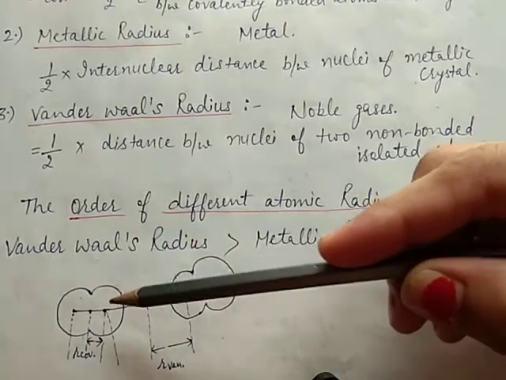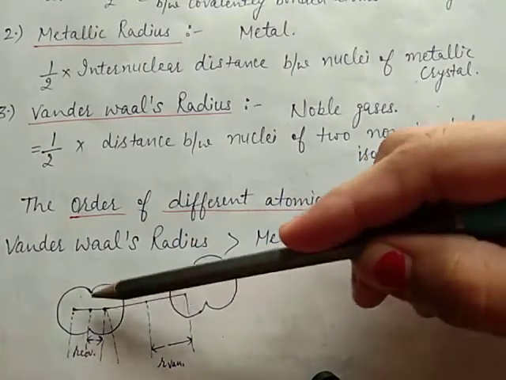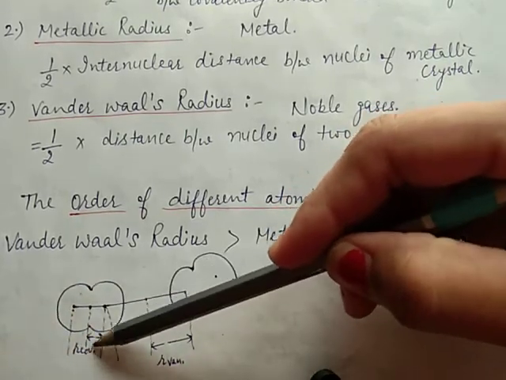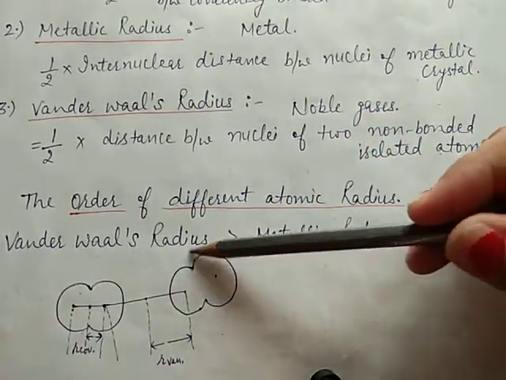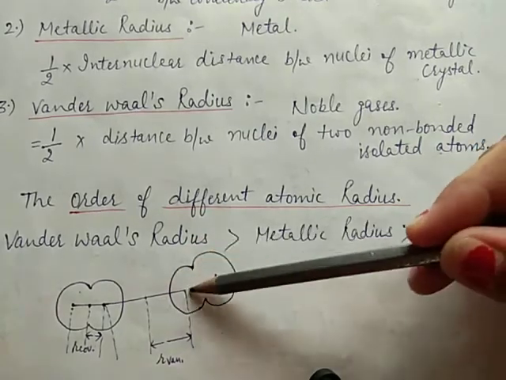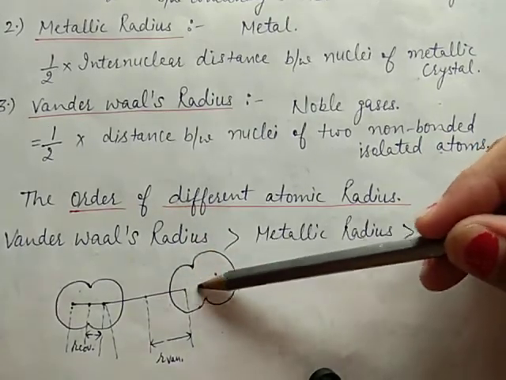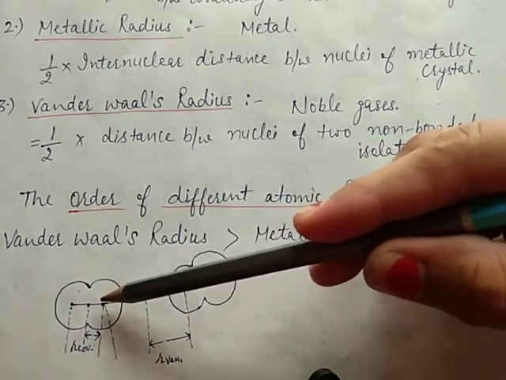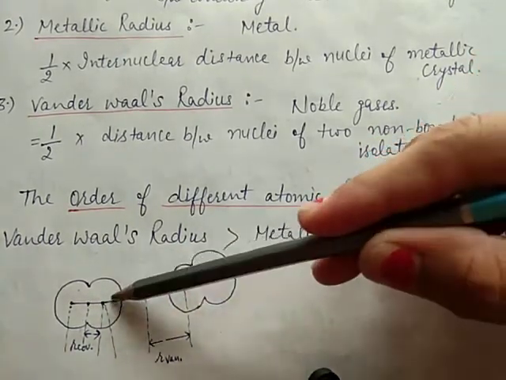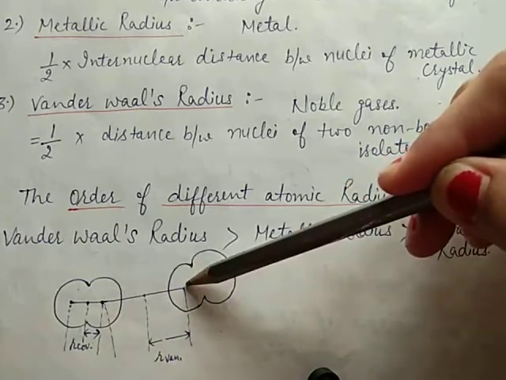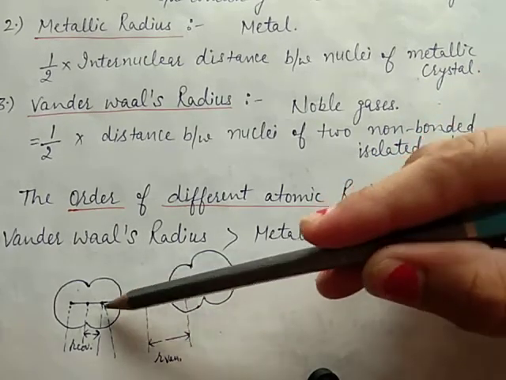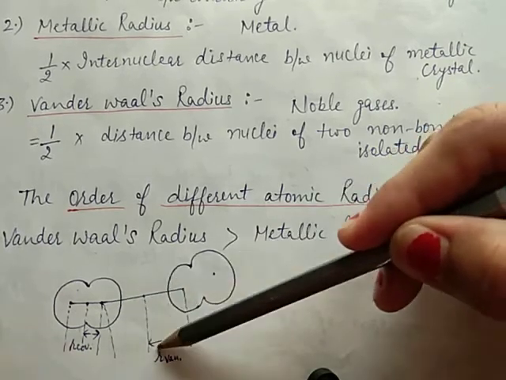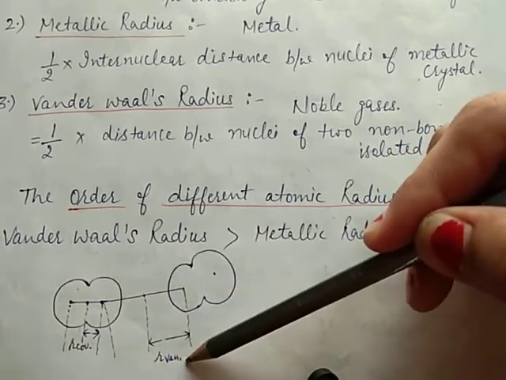Like this, these two atoms are combined, these are covalently bonded, so here it will form a covalent radius. And this is another atom which is also covalently bonded, and here inside is a covalent radius. And when the two atoms are non-bonded, the distance between the nuclei of these two non-bonded atoms is called van der Waals radius.